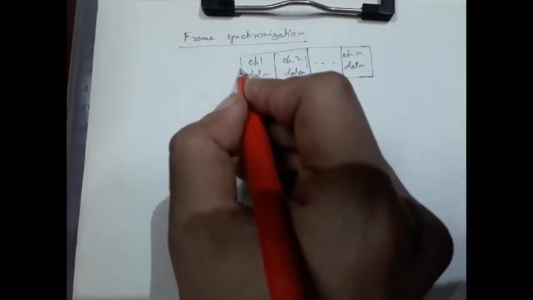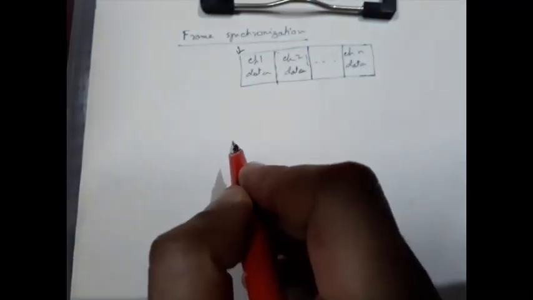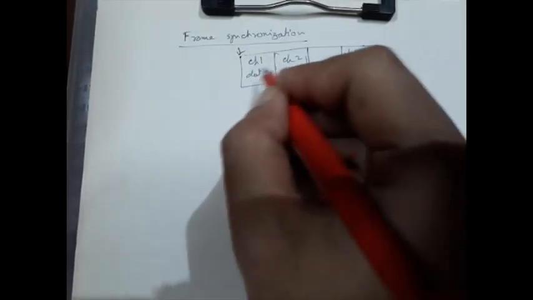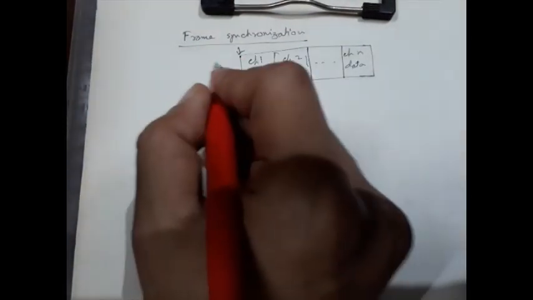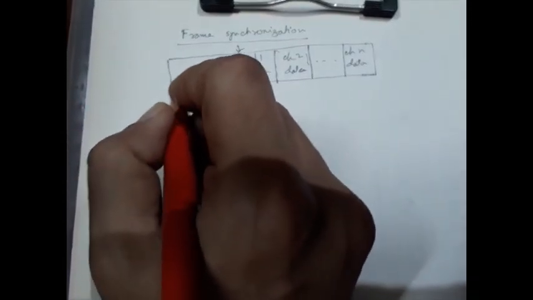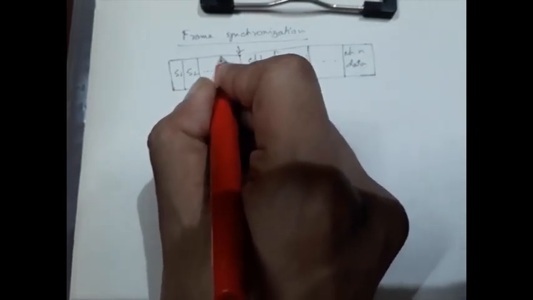Now we have to identify the first bit of this block, and this will be repeated. What we do is add a bit stream, say S1, S2, up to k number of bits.